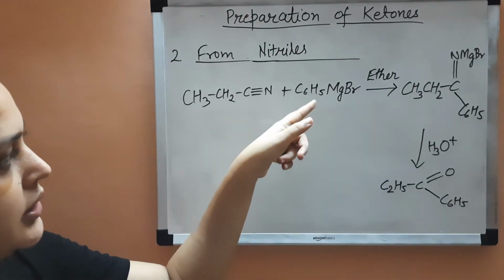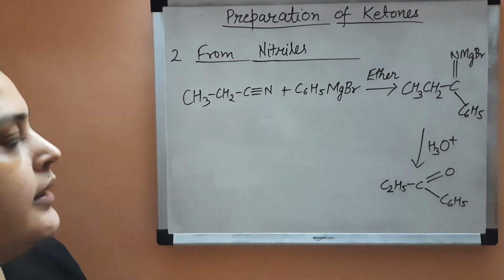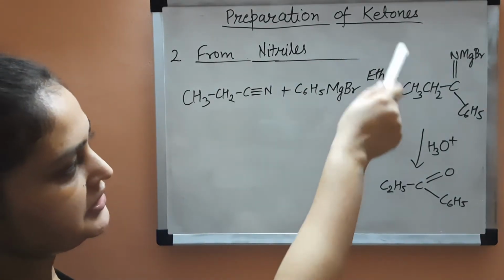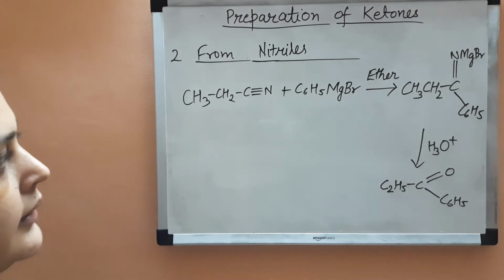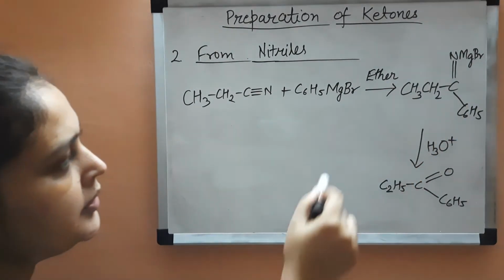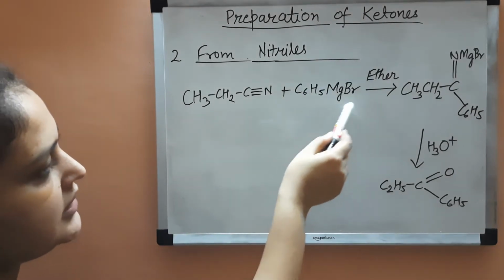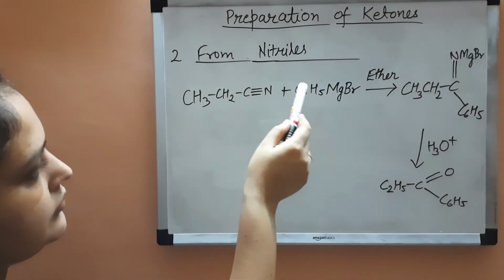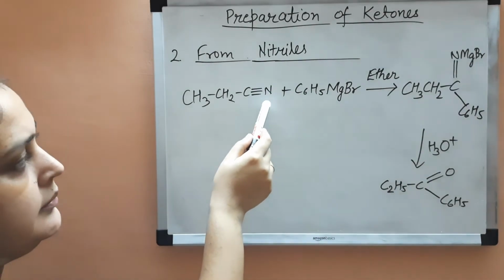We have used phenyl magnesium bromide, and in the presence of ether, an intermediate is formed, in which the magnesium bromide is attached to the nitrogen atom.